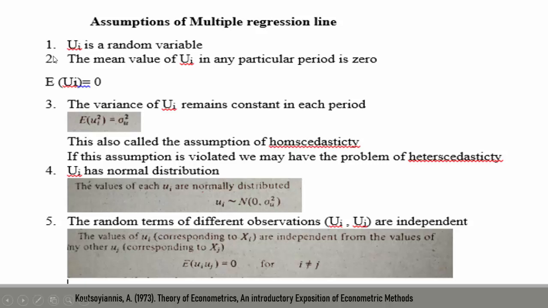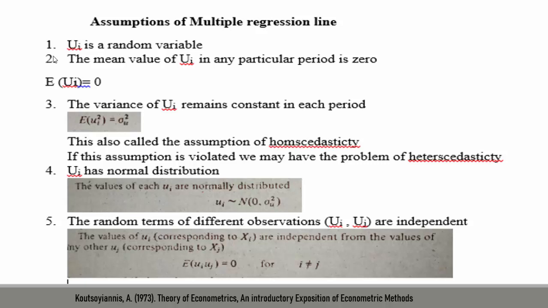For example, the first assumption is that ui is a random variable. Just as we discussed in the simple linear regression model, ui is a random variable, which means that the value of ui is by chance. It can be negative or positive, or it can be 0.